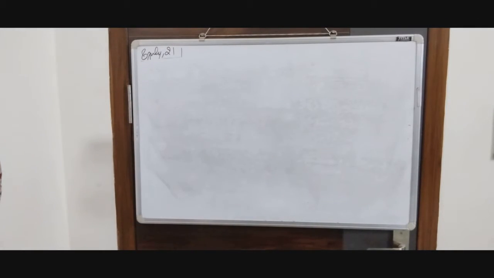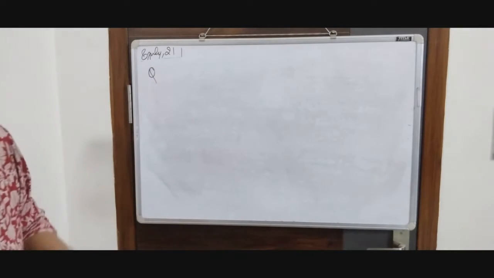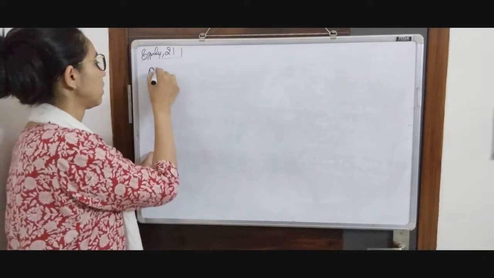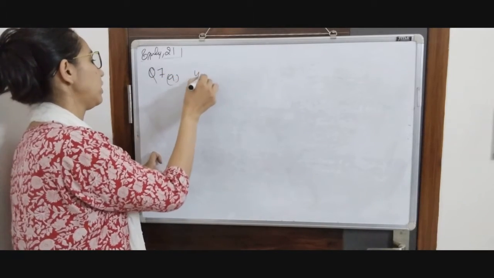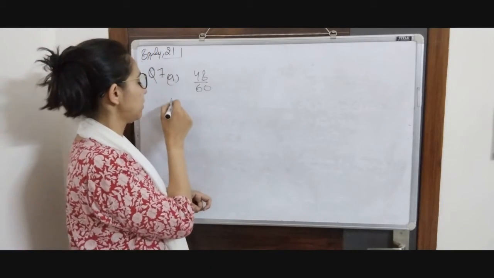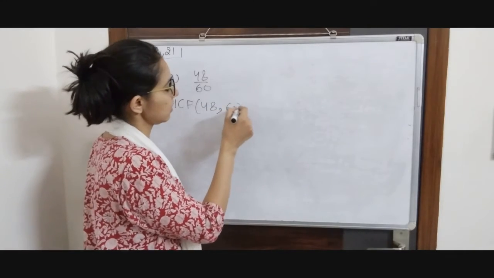So first one is 48 by 60. Question number 7A, 48 by 60. So first we are going to find out the HCF. HCF of what? 48 and 60.